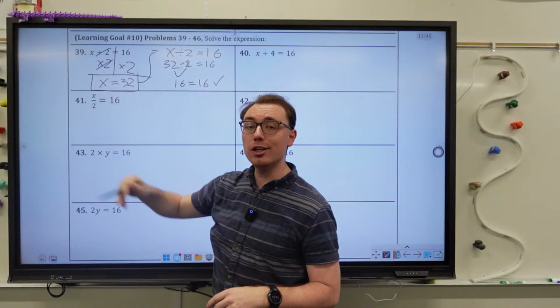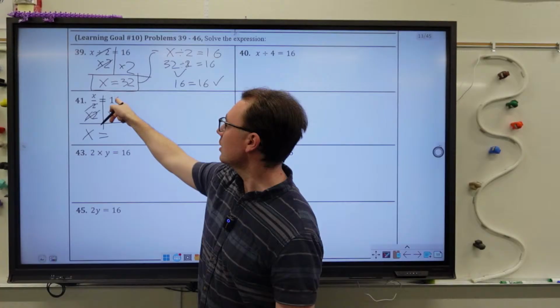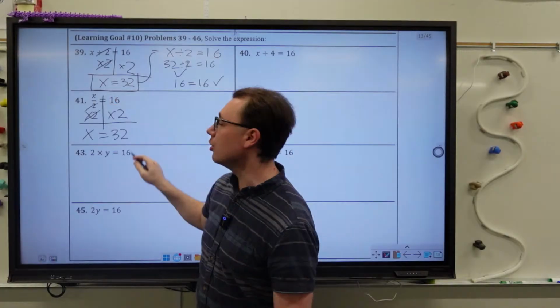These two 2's simplify out, leaving us just x is equal to 16 times 2 is 32 yet again. We want to plug this into that equation just to double check our answers. We're plugging this into that x over 2 is equal to 16. Well, 32 over 2. Well, we know 32 divided by 2, like we did here, is equal to 16. So we know that this answer is 100% right.